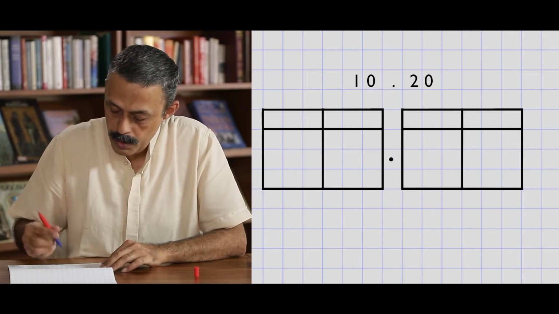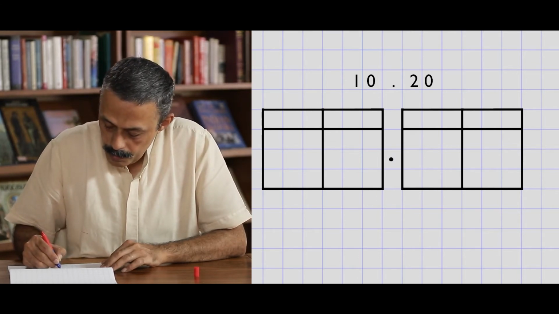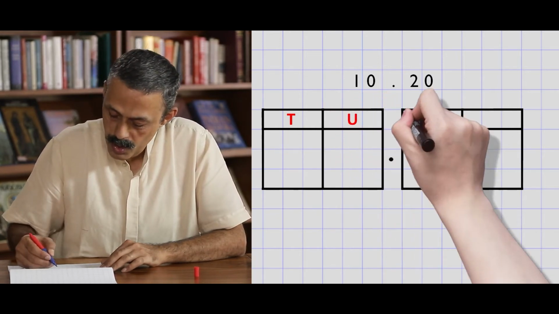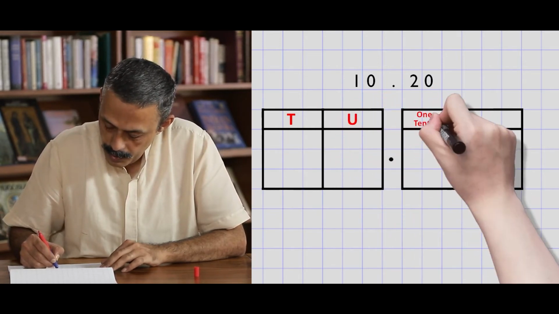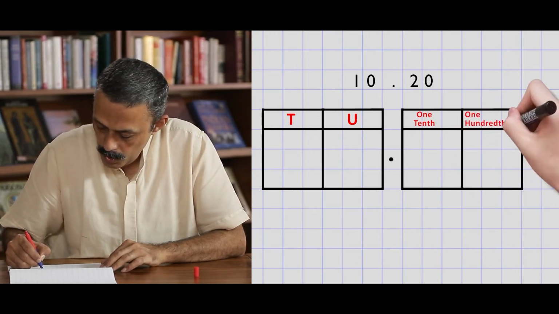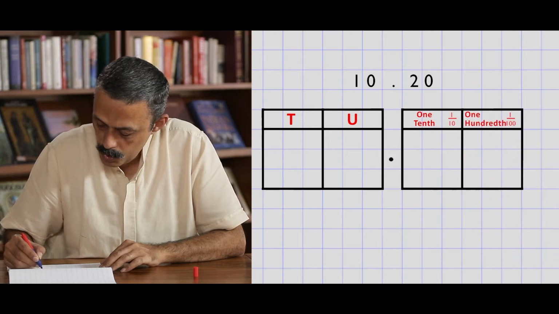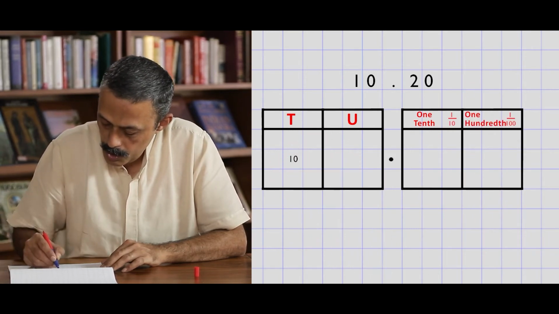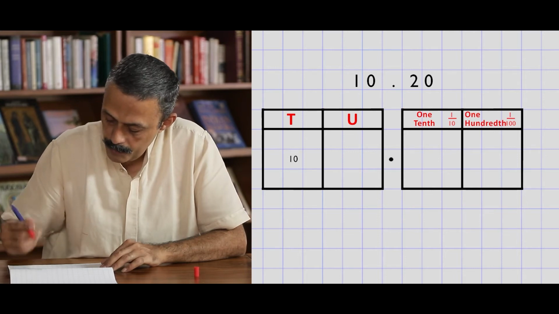It is now 12. Now we have 0.08. Now let us mark 1 tenths and 1 hundredths. How do we show these two positions? I will write those positions here.